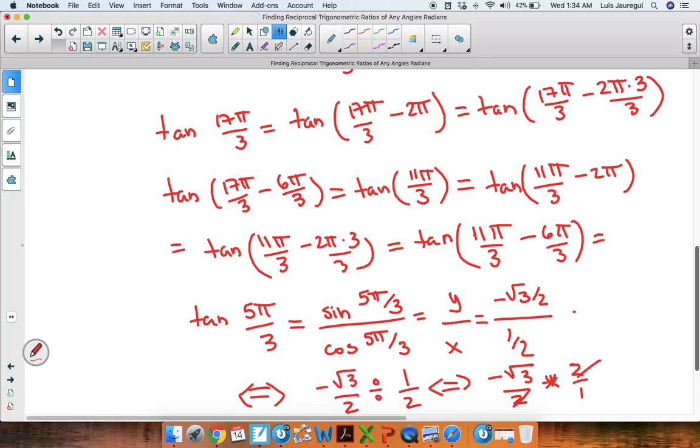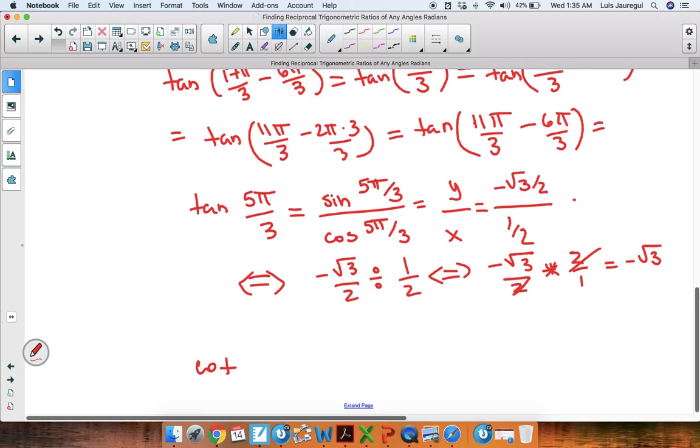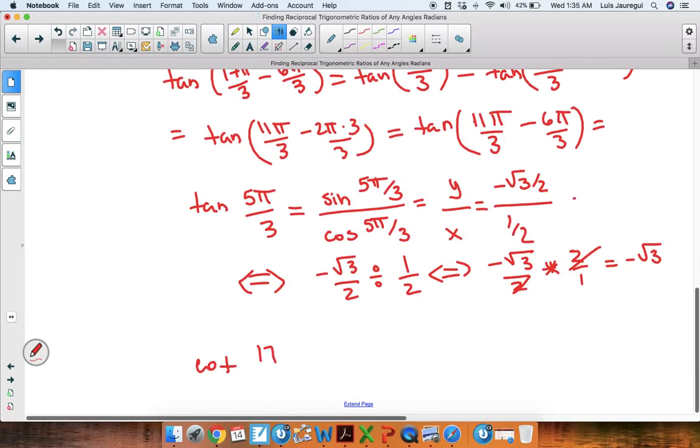The 2's cancel, and you end up with negative root 3 for tangent. But that was not our goal. Our goal was to figure out what was cotangent for the specific angle, in this case 17 pi over 3, which we said was the reciprocal of this.